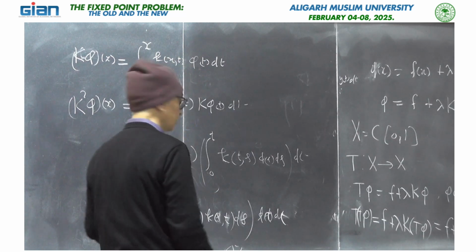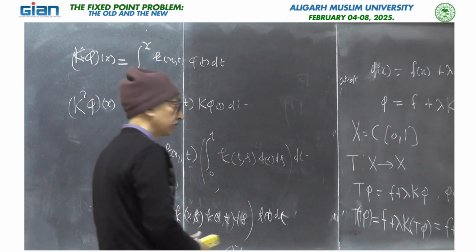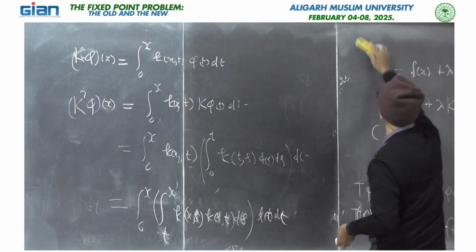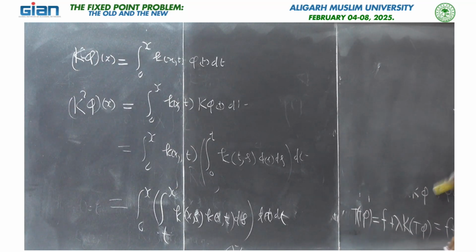So this is the kernel for K square, and likewise you can get the higher order kernels.